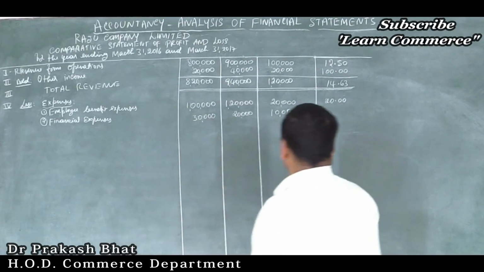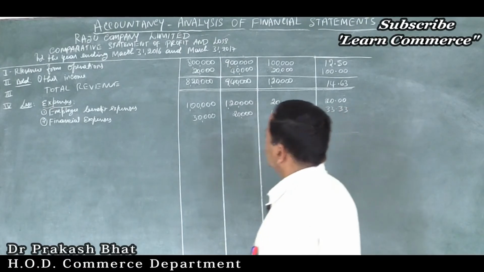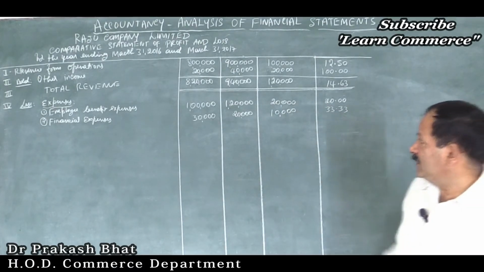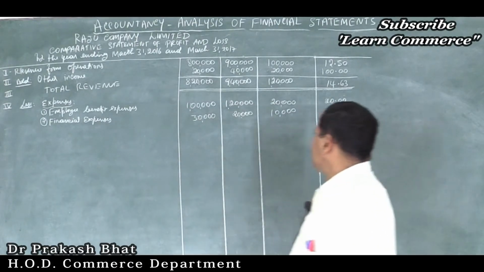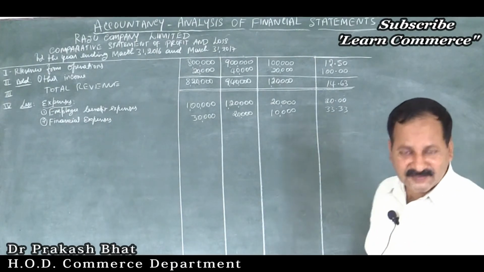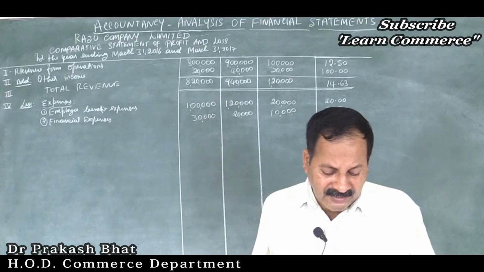For 100, it is 33.33. Is that correct? Yes, it must come like that, because 3 times it is. For 100, if you divide it into 3 parts, then 33.33 is the percentage. Correct? Yes.